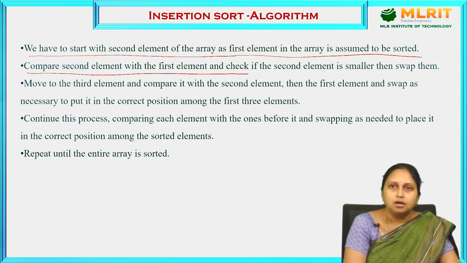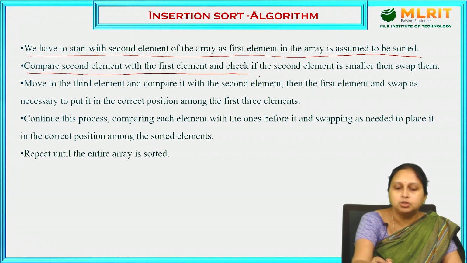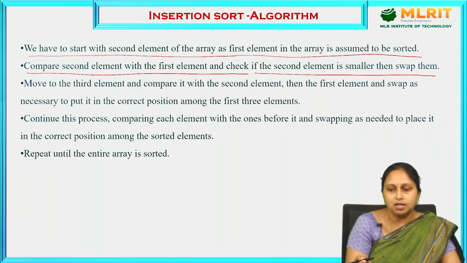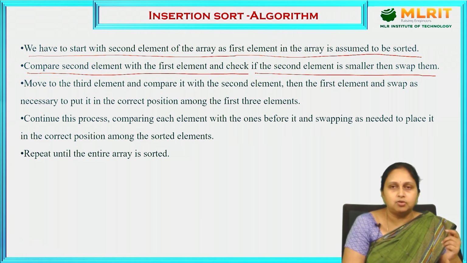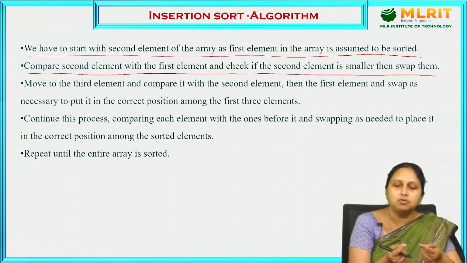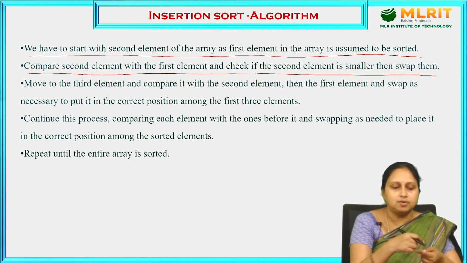Check if the second element is smaller, then swap them. If the second element is smaller than the first one, we swap them. That means you place the second card in the first place. Otherwise, you place it in the same place only.